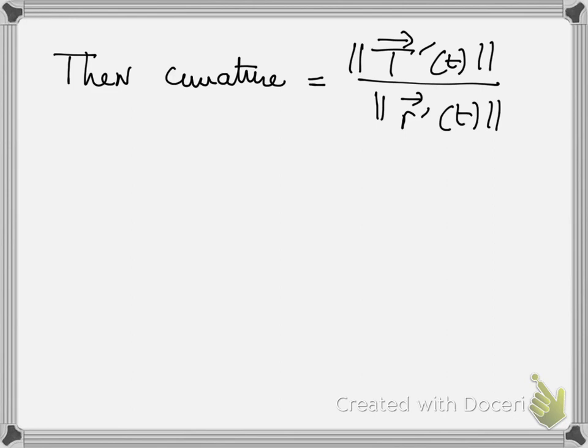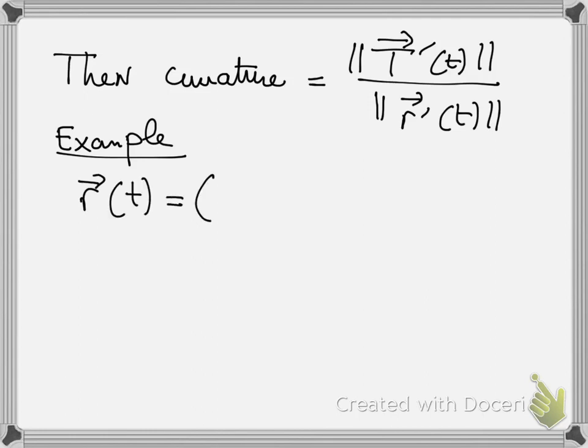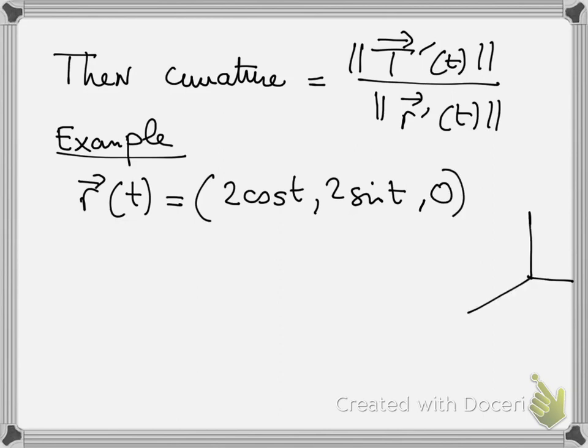Okay, so let's do a numerical example. Let's say r of t is 2 cosine of t, 2 sine of t, and then 0 here. So it's kind of like a helix.